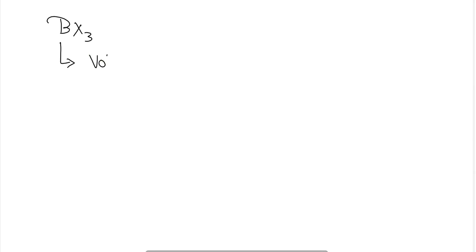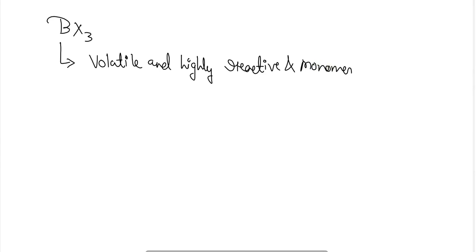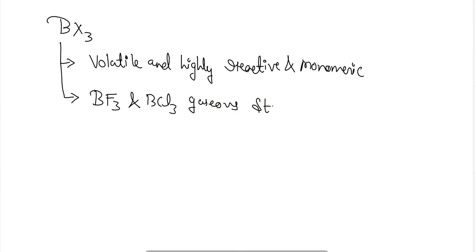They are all volatile, highly reactive, and monomeric. Two of them, BF3 and BCl3, are in gaseous state at room temperature.